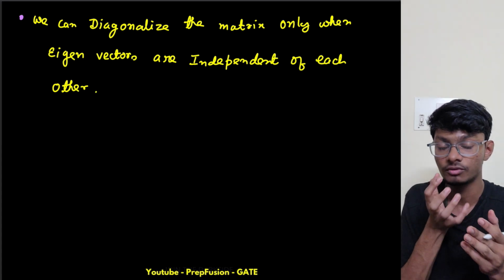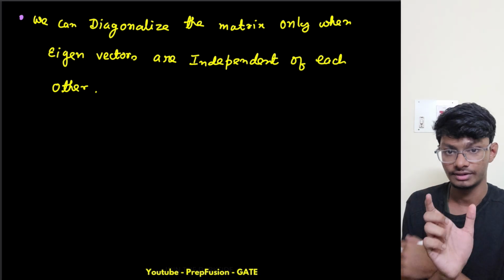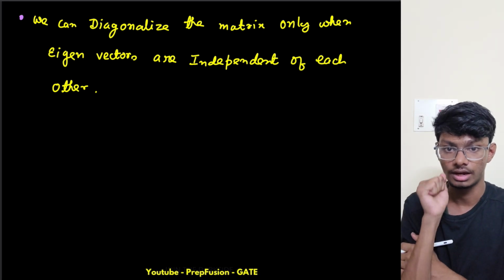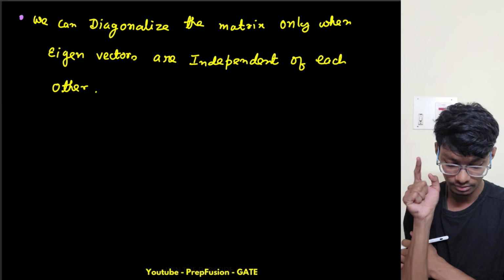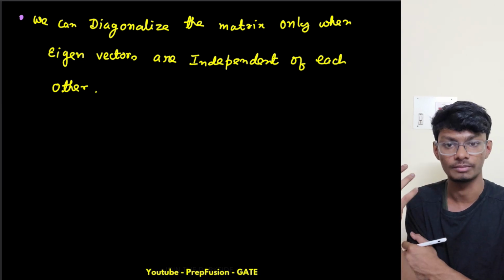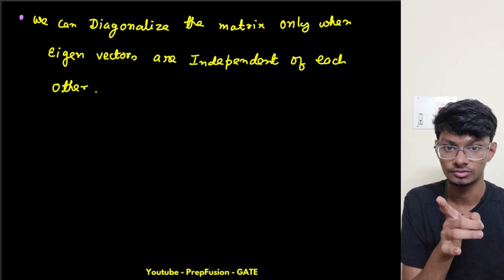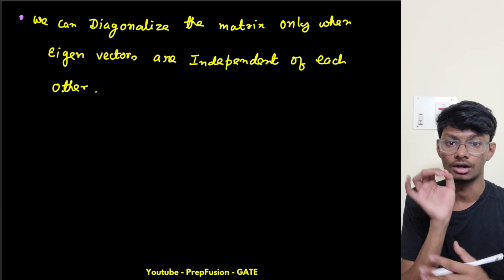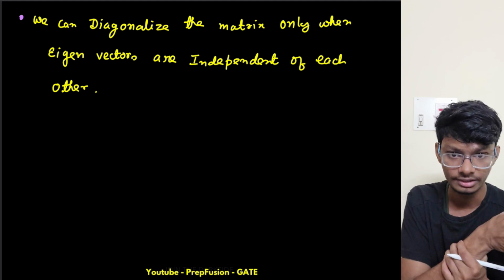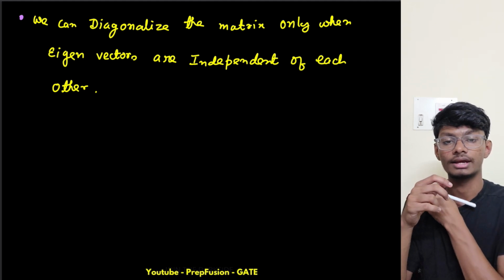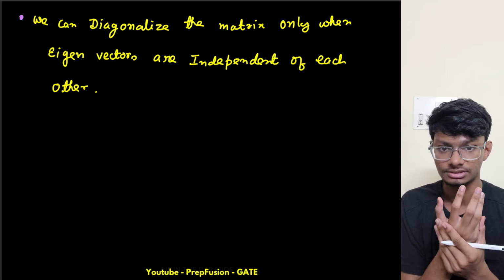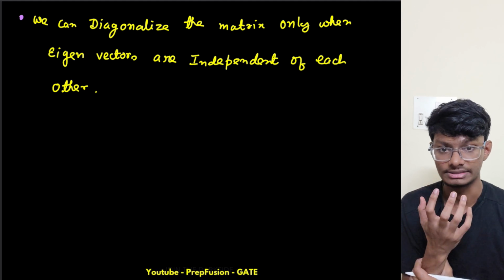So from here what can we deduce, right? If I say to you, if the eigenvalues are distinct, can we diagonalize that matrix? The answer would be yes, we can. Now if the eigenvalues are repeated for a matrix A, can I diagonalize that matrix? So what will be your answer?